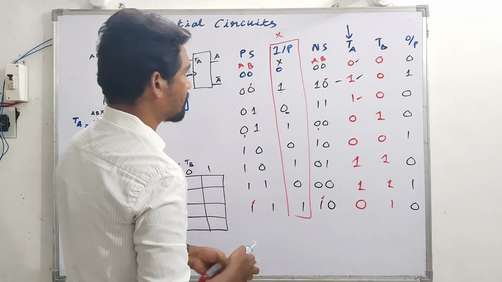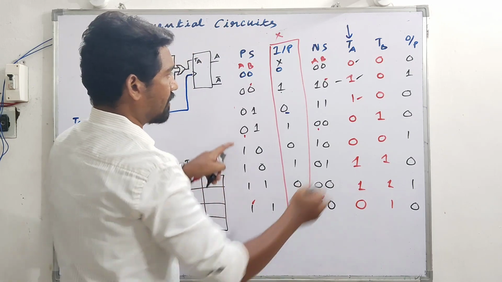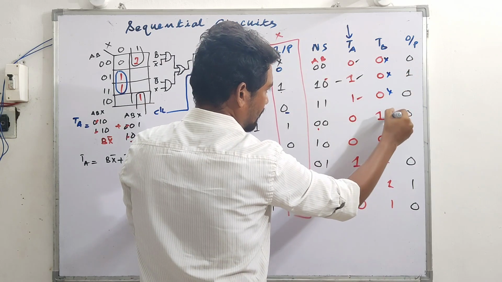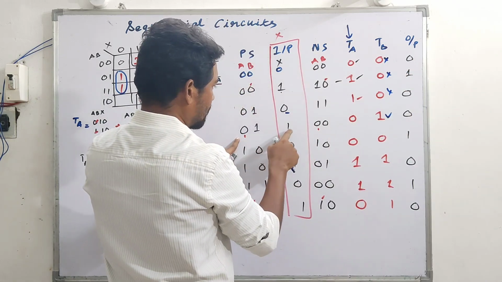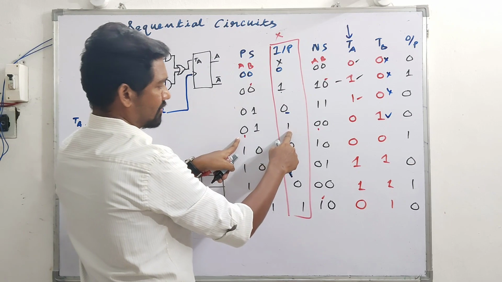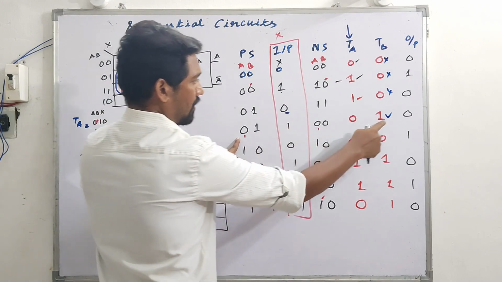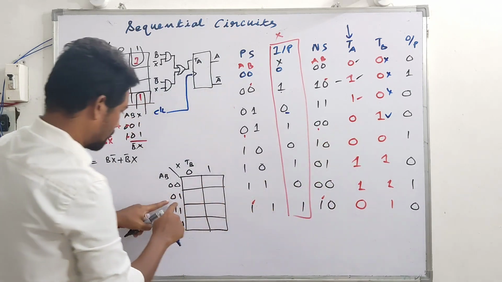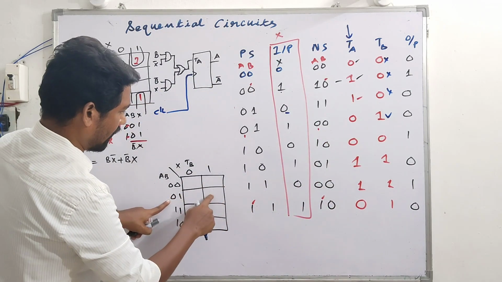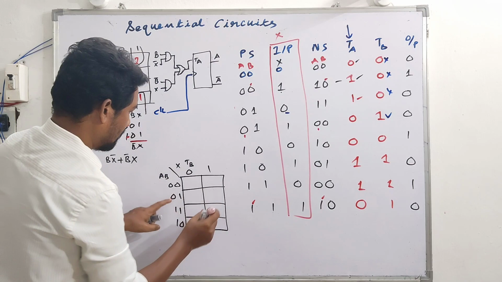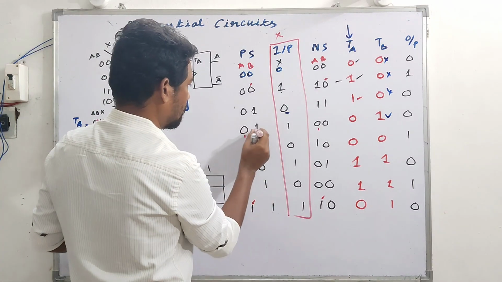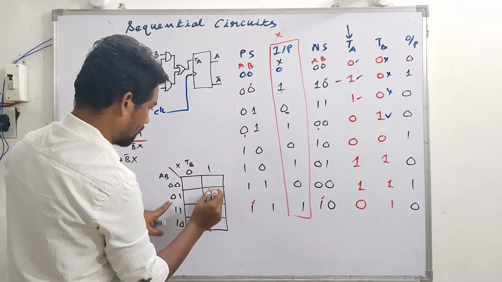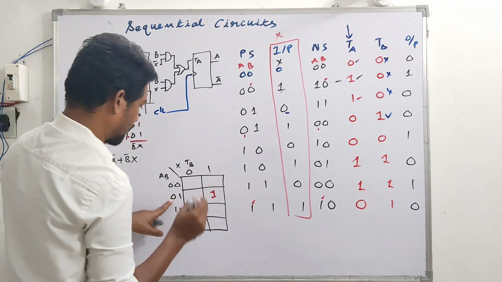All right, so let's find out where the ones are for TB. Straight away, these guys, we don't need to consider this one. This is needed. The cell containing 0 1 and 1 is 1 for the TB. We have a 1 over here, this one.